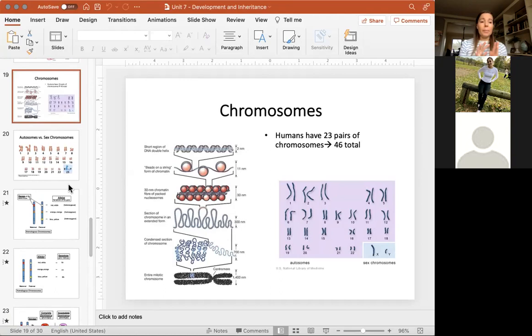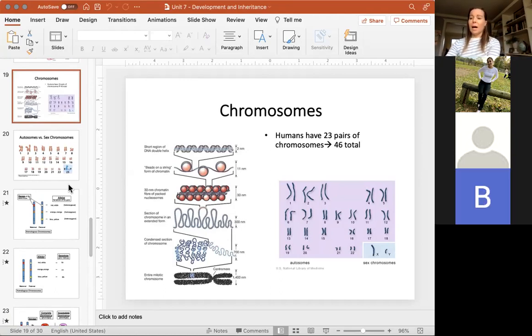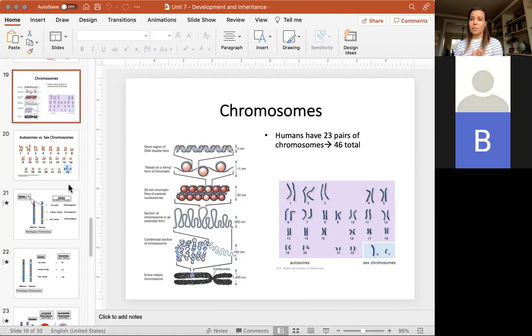So let me give you a little bit of background information, and then I'll get to the Punnett Square thing. So basically genetics, heredity is the study of genes and their functions. When we look at inheritance, we're looking at the passage of traits through genes, which are located on chromosomes, from parent to offspring.